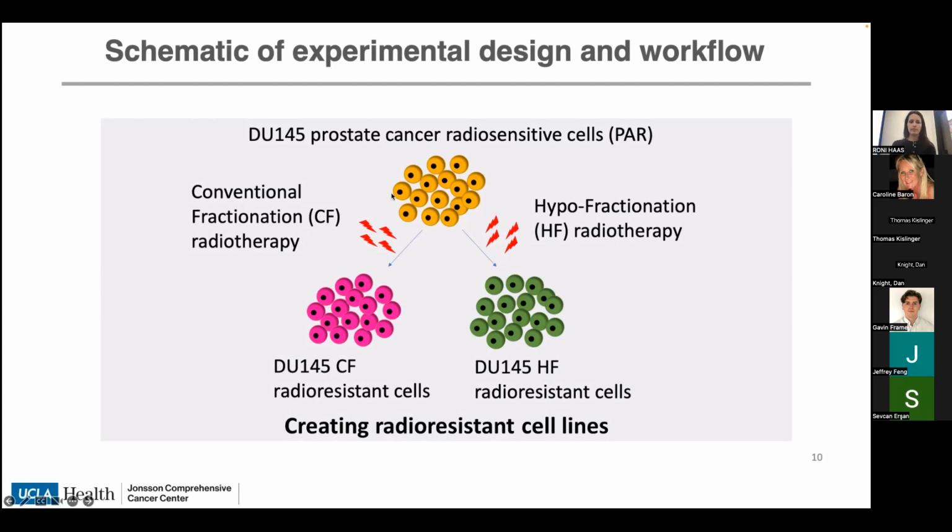So we started with the DU145 prostate cancer cell line, which originated from human tumors and is considered to be relatively radiosensitive. These cells were treated with both CF and HF according to their treatment protocols until eventually the CF and HF radioresistant cells were created.